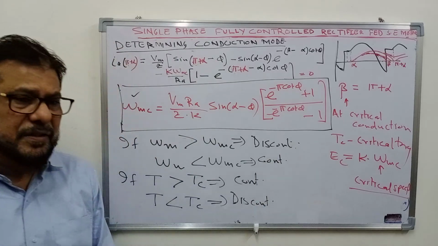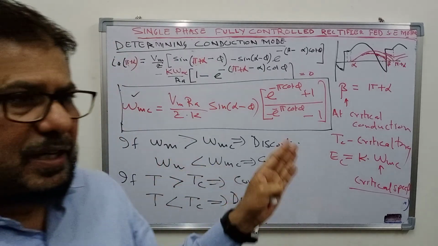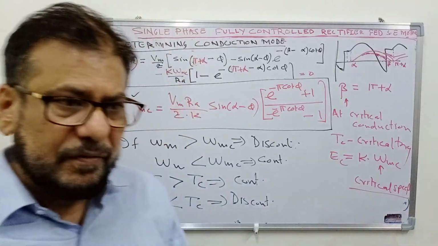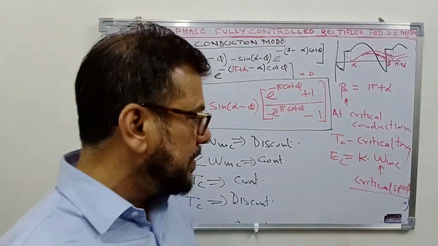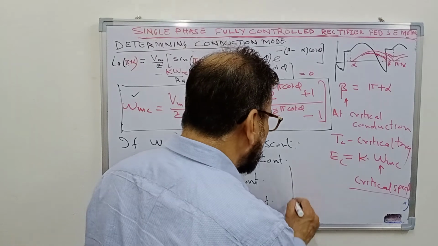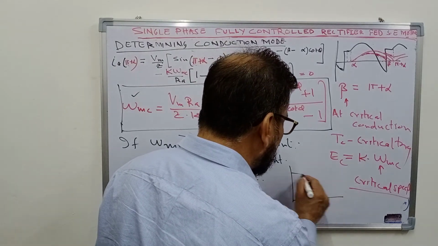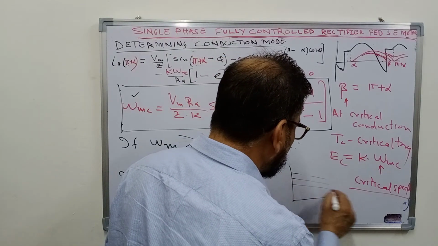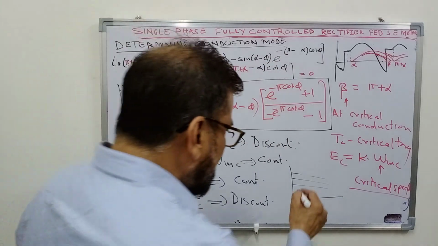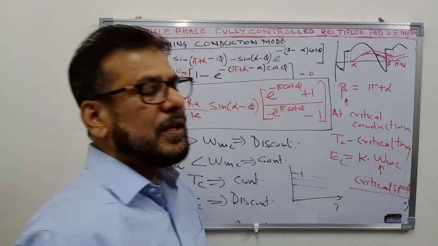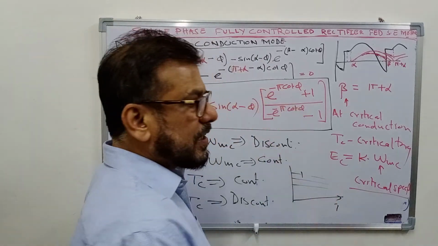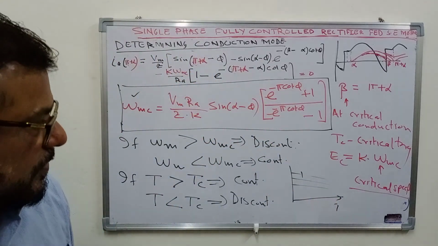So this means that for higher torques, the conduction will be continuous and the corresponding speed will be less than the critical speed. If you see the speed torque characteristics of the motor, it is like this, which you have seen earlier. So after a certain value of torque, the conduction becomes continuous, and before that the conduction is discontinuous.